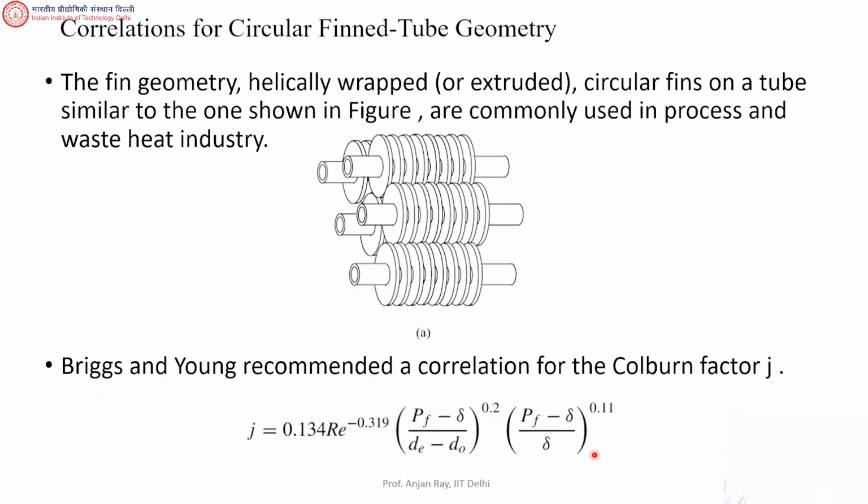So just pick up those correlations and use. You know everything here, like what is PF? PF is 1 over NF. We just saw it a few minutes back. And you have this 0.134, etc. Those we pick up from some literature. And this is the J factor.